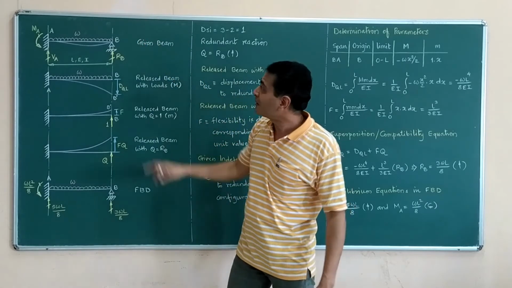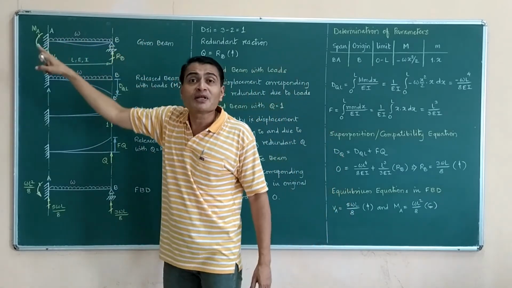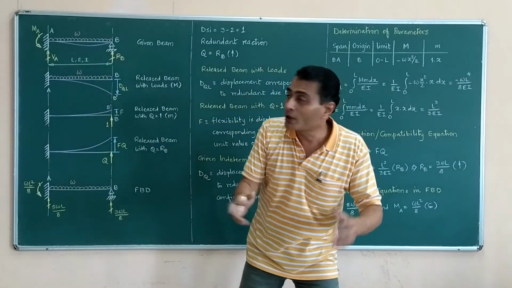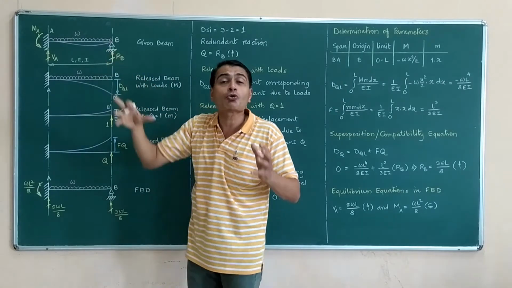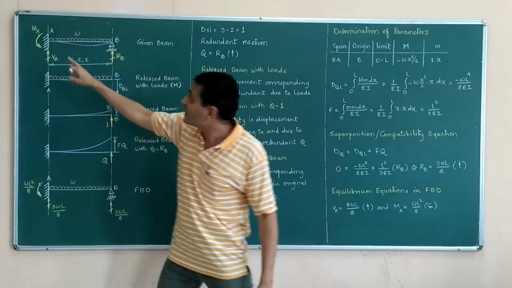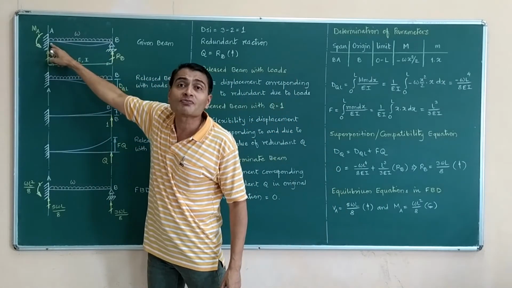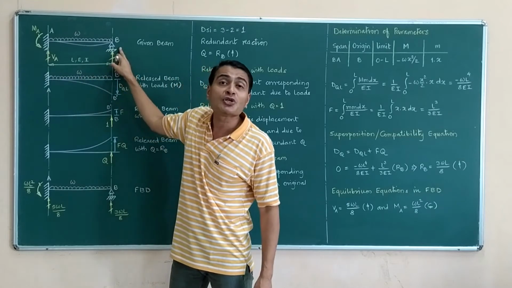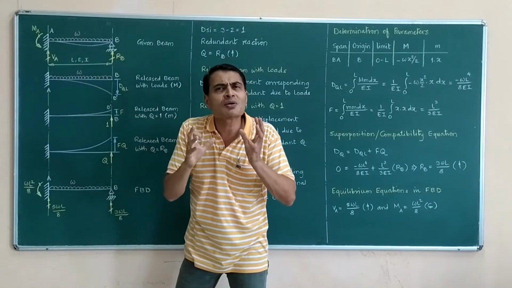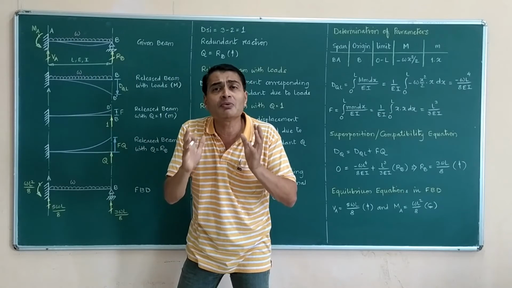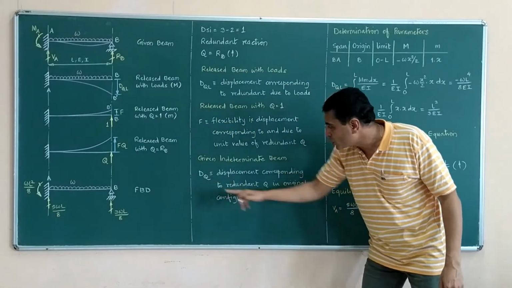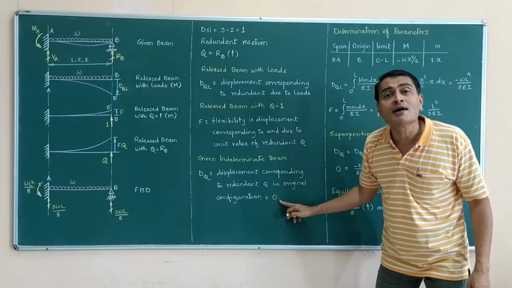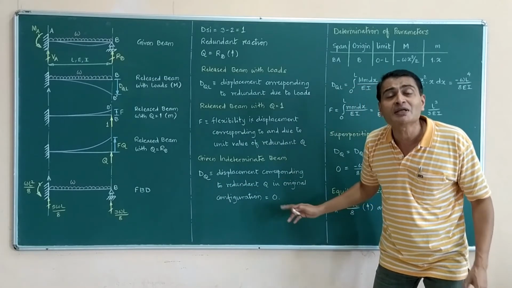Try to understand, when this propped cantilever is loaded, this is how it is going to deform. This is how it is going to deflect. There will be 0 slope, 0 deflection here. There will be 0 deflection here, and some unknown slope theta b will be there. However, here I am writing dq is equal to 0. I am not writing it as theta b.